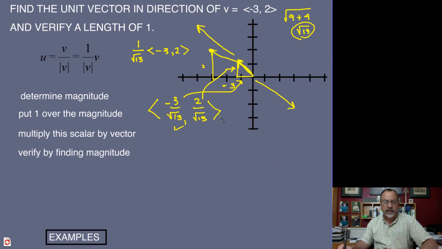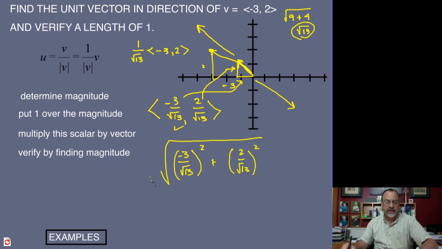So let's confirm that this actually has a magnitude of 1. I take -3 over the square root of 13, squared, plus 2 over the square root of 13, squared, and take the square root because that's the magnitude. -3 squared is 9 and radical 13 squared is 13, so I have 9 over 13, and 2 squared is 4 over 13, so I have the square root of 13 over 13, which is 1.